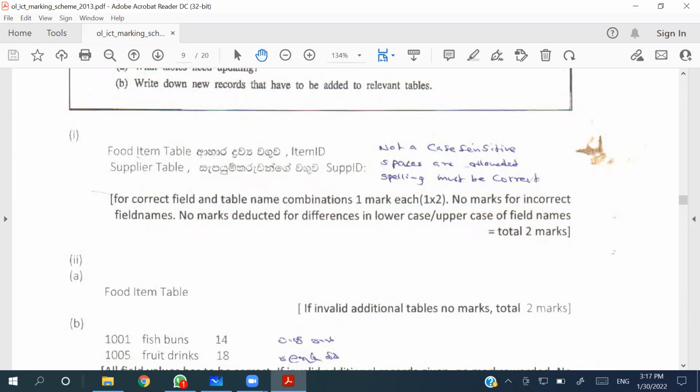Don't just mention only the primary key or just the table. You won't be getting any marks, right? So it should be the primary key with the table. So 2 marks are given to that. Okay.